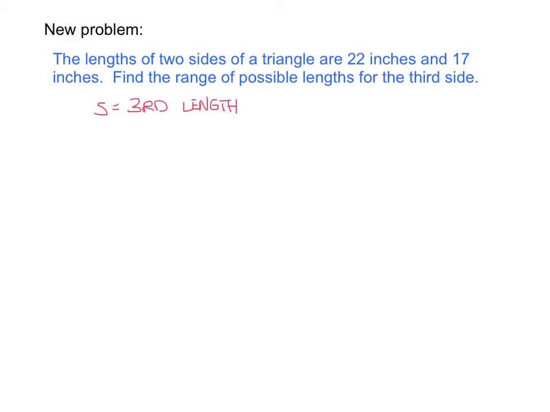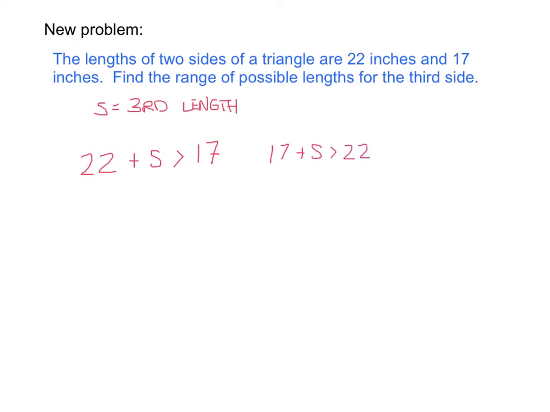So what we could say is that 22, because that's one length, plus this new length of S has to be greater than 17, right? We add together two of our lengths, 22 and S, and it has to be greater than the third side. And we can also say 17 plus S has to be greater than 22.